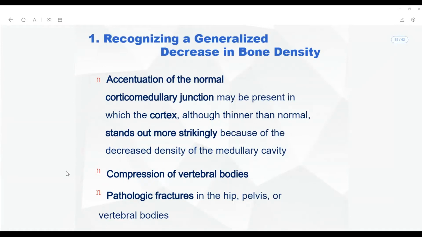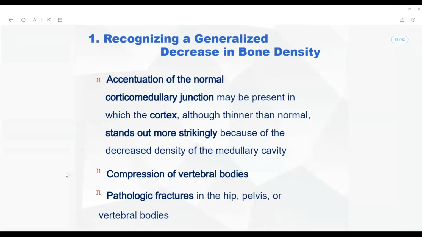All right. You see here, when the trabeculae have been thinned, they lose their capacity to bear the stress. So what happens is that they eventually compress and break, particularly where there is a lot of medullary cavity.